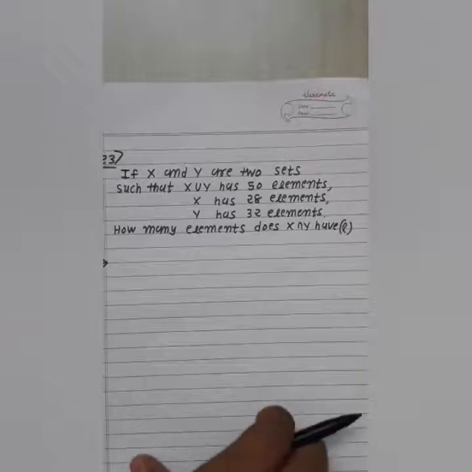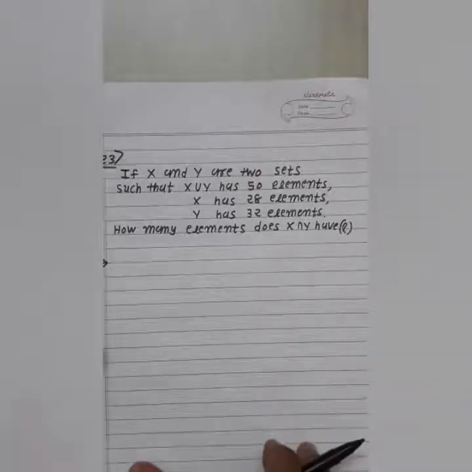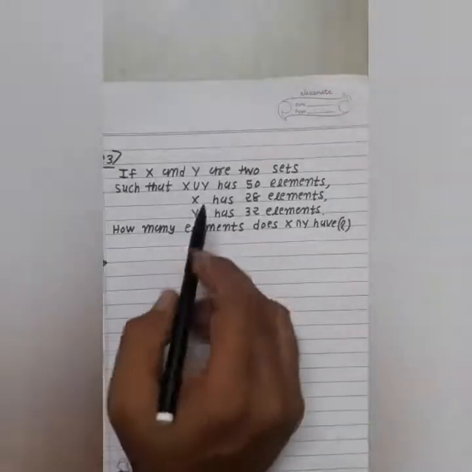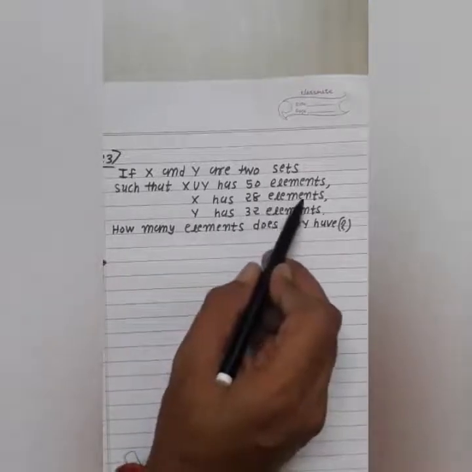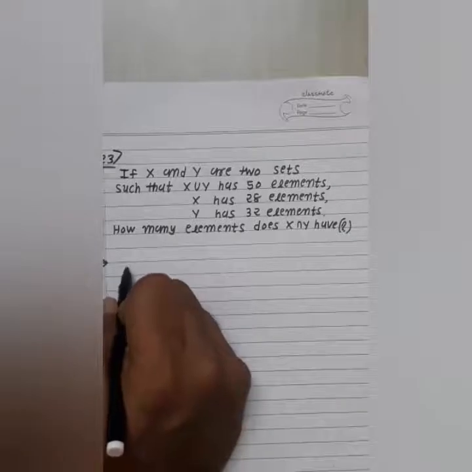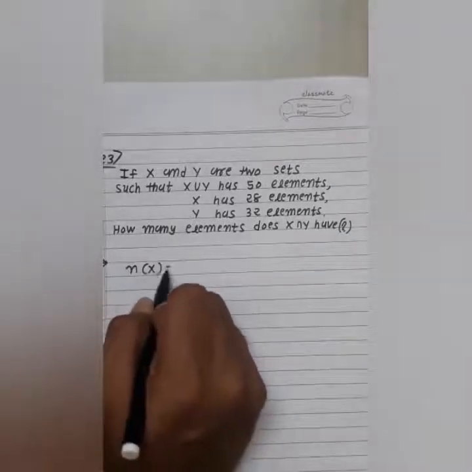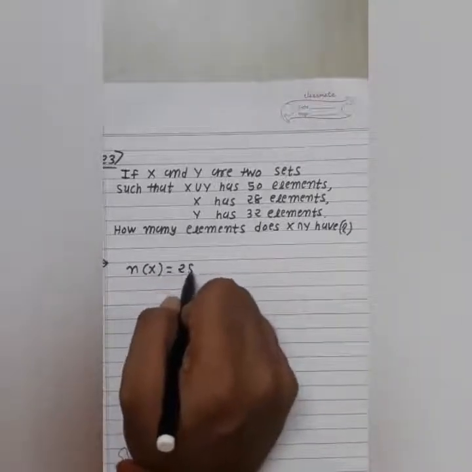First, x has 28 elements, so n of x is equal to 28.